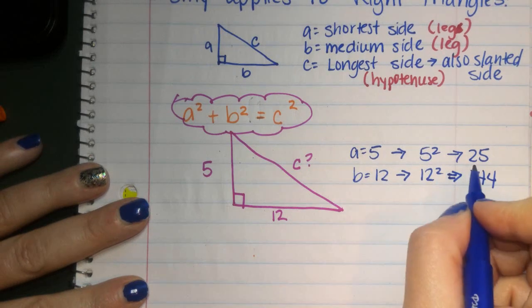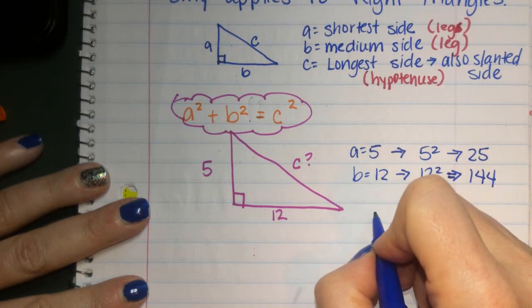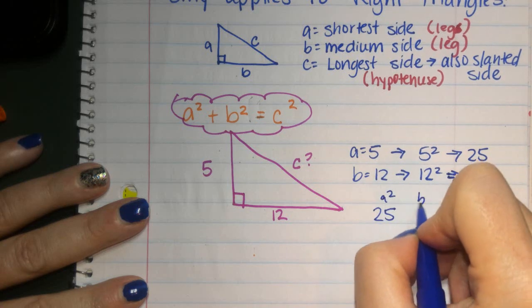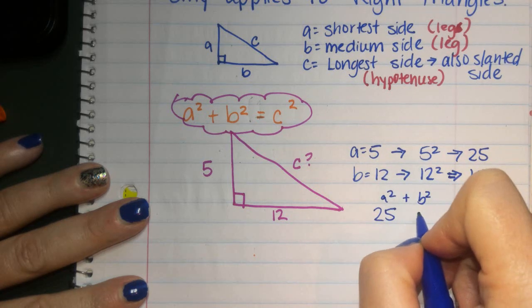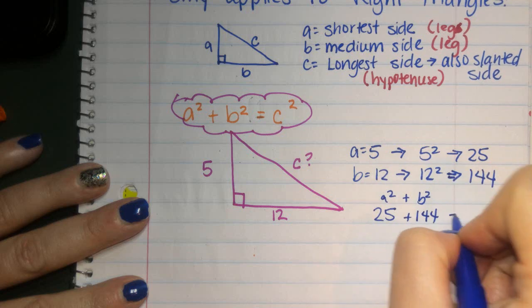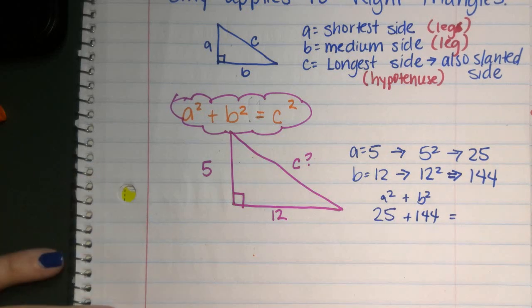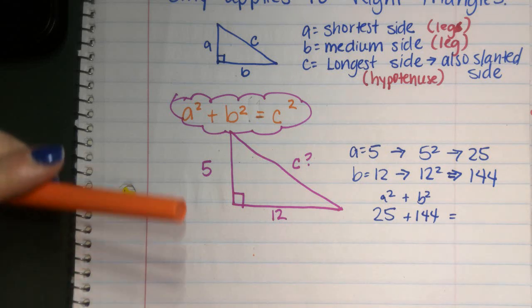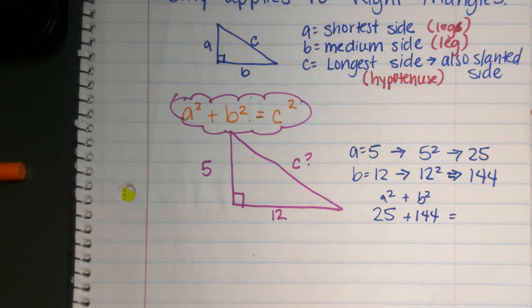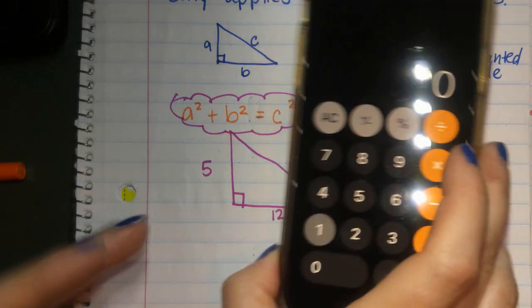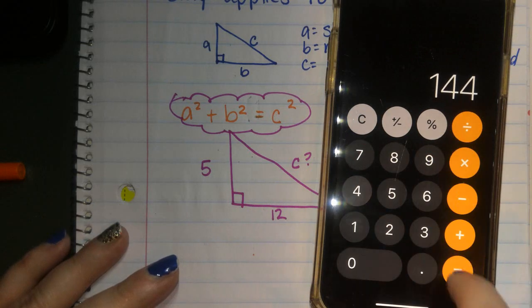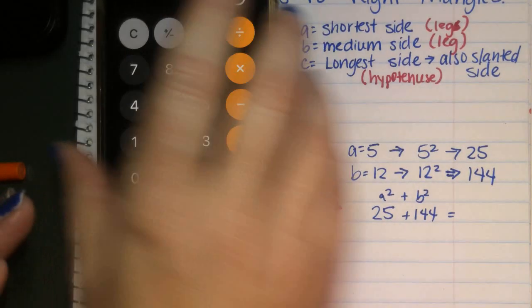So we have 25, that's A squared, and B squared was 144. If we add those together, what do we get? Or you can use a calculator now. So 25 plus 144 is 169. Okay?